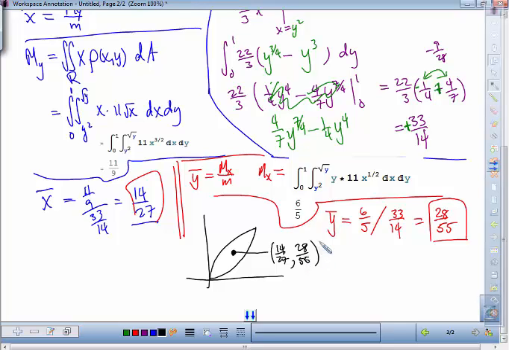That would be the balancing point of this plate, which means if you lay this plate onto this point, then it should be able to balance itself. Okay? Any questions?